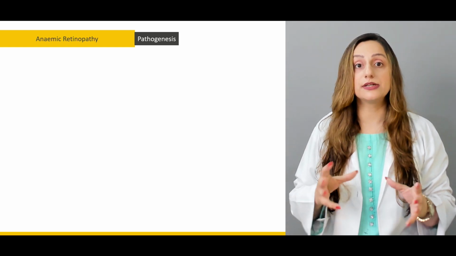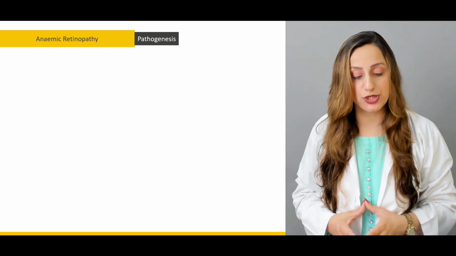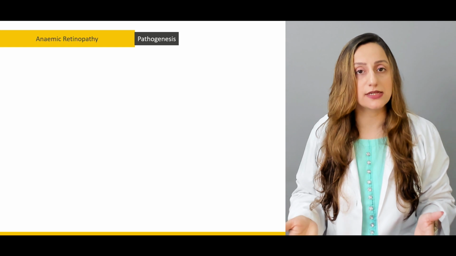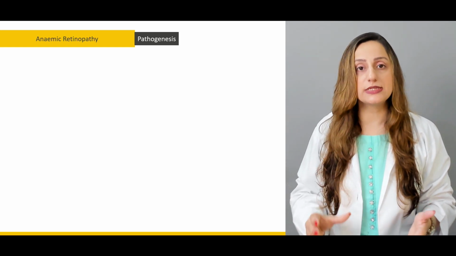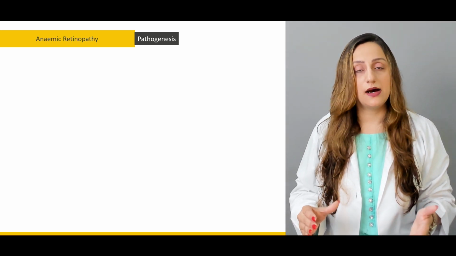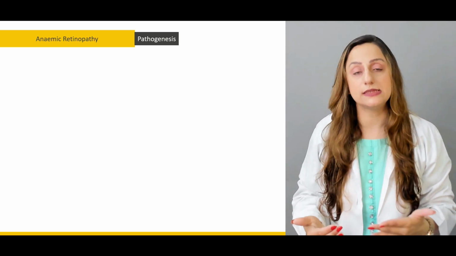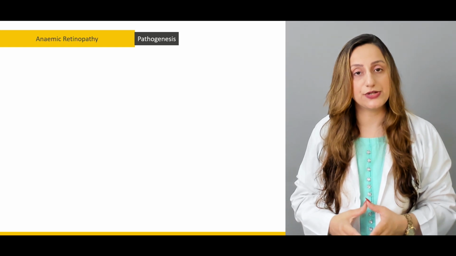The duration of anemia is not going to affect. The particular feature that is going to affect the retinopathy is the severity, or how complicated the anemia is in these particular cases.